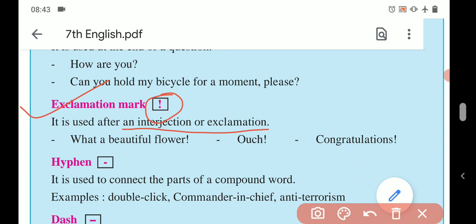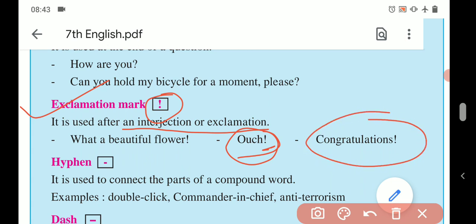After each interjection, punctuation mark, exclamation is observed. For example, ouch, it is an interjection, so there is exclamatory mark in the end. Another exclamation, congratulations. So here again punctuation mark, exclamation is used. So this is about interjection.